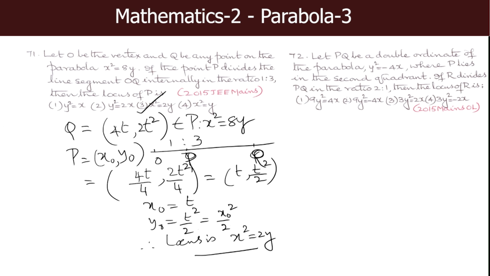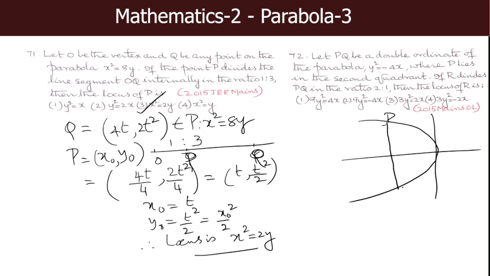A similar question, of course, in the online paper. Let PQ be a double ordinate of the parabola y square equal to -4x, opening towards left, where P lies in the second quadrant. This is the x-axis and this is the y-axis.